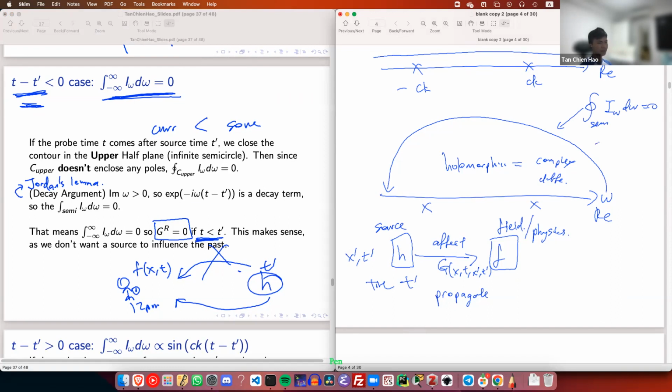Actually there's only one way to show it mathematically rigorously, which is Jordan's lemma, but the decay argument helps you build an intuition for Jordan's lemma. Okay, so that's for the t less than t prime case.